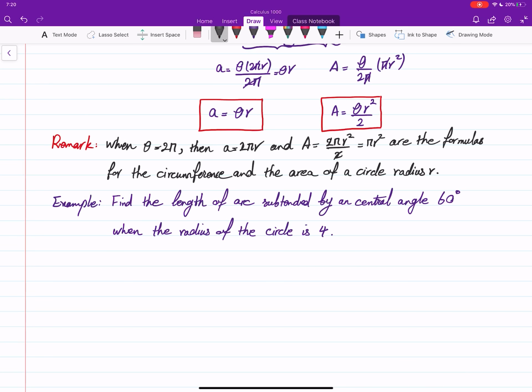Well, so we are looking for a when theta is 60 degrees.